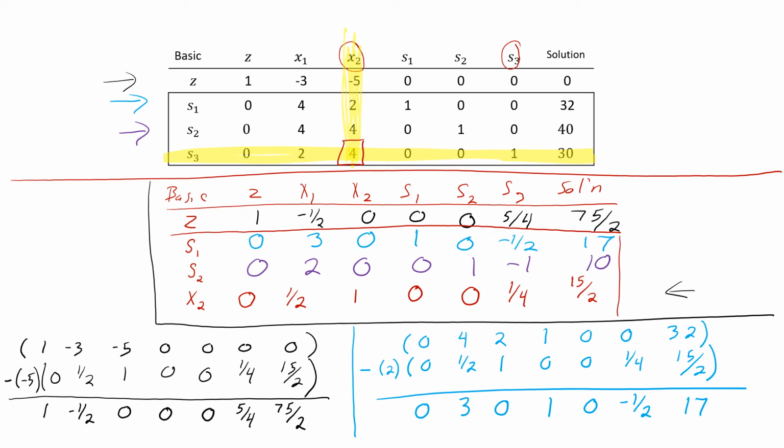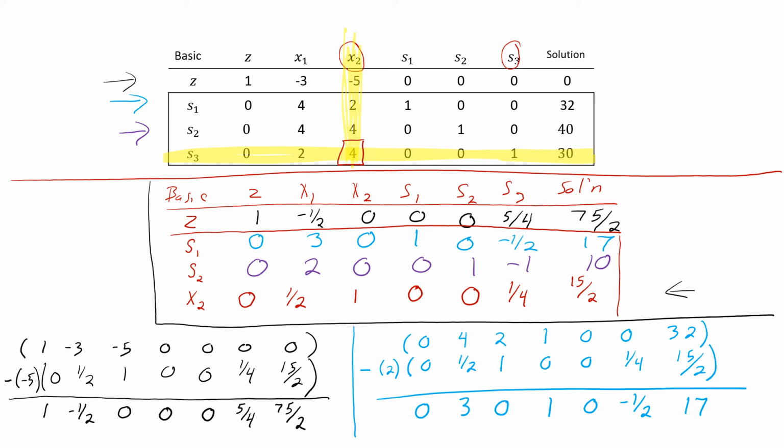And there is our new tableau. What this represents now is the value at our second corner. Remember, that was the second corner going up. This says that our non-basic variables are now x1 and s3. Those we're setting equal to 0.